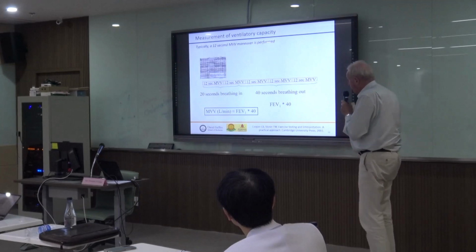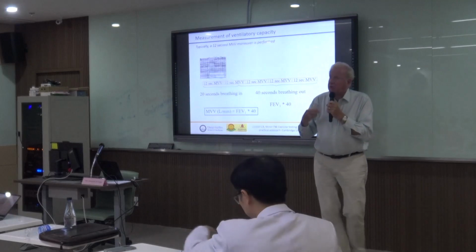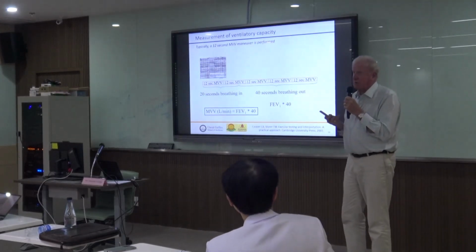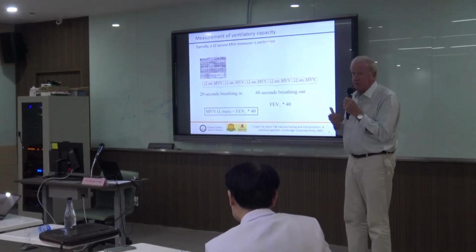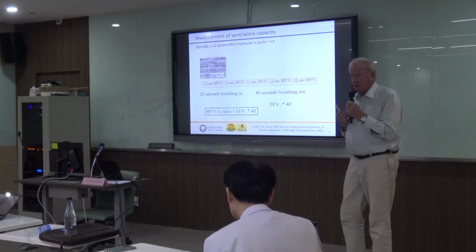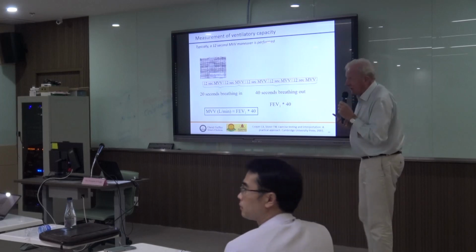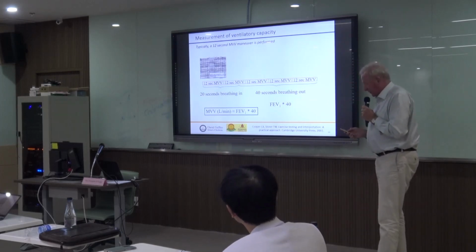But if you have neither of these measurements, you could look at a reference value, for example, from the Global Lungs Initiative for your patient, and multiply that by 40 to get a maximum voluntary ventilation. But that would assume that the person had normal lung function.